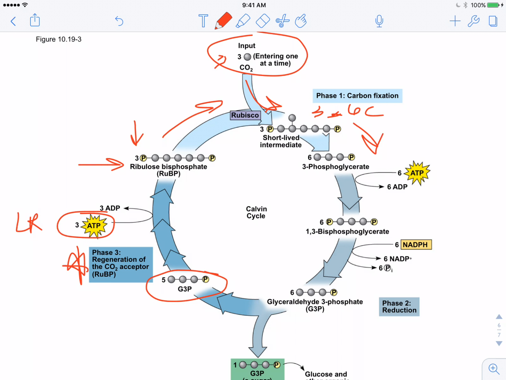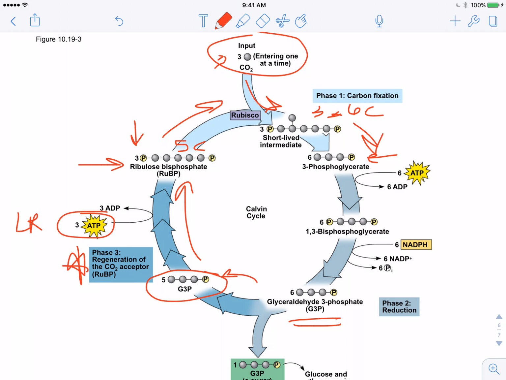And then that 6-carbon compound gets broken apart into 3-carbon compounds, so we have 6 3-carbon compounds, and then that gets reduced into G3P. 5 of the G3P get used up to regenerate 3 5-carbon compounds of RuBP.